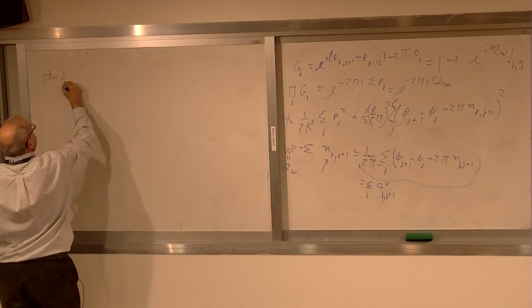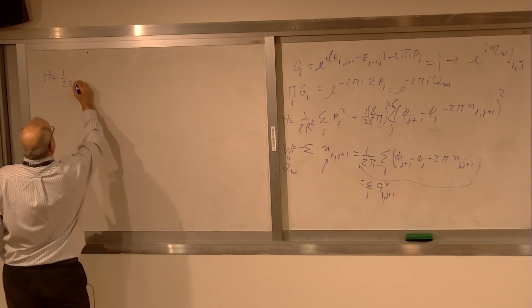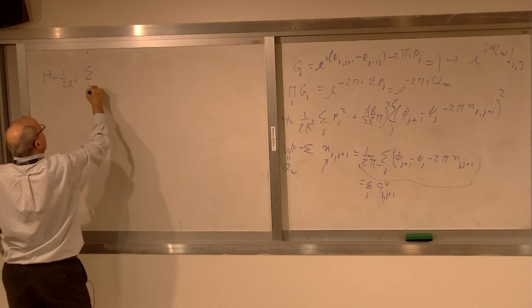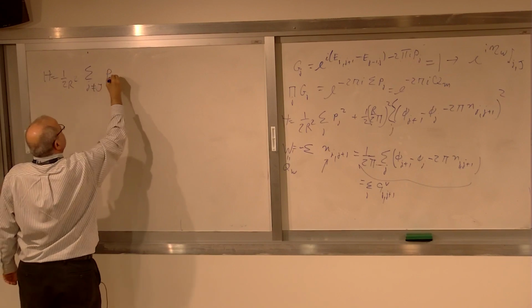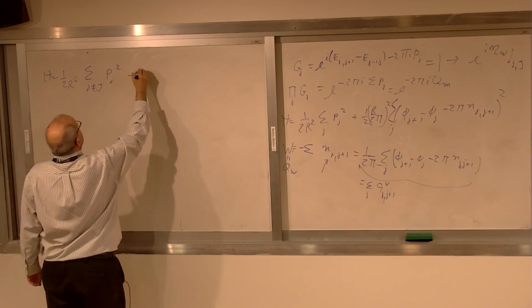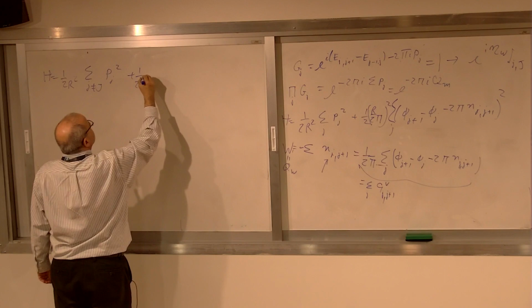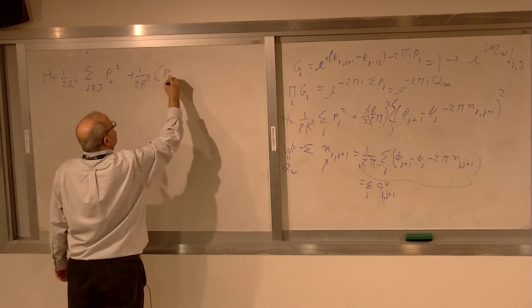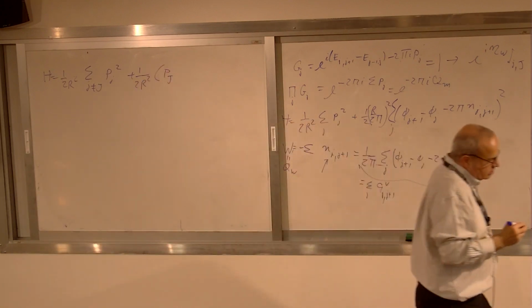1 over 2 R square, sum over j not equal to big J, bj square, plus 1 over 2 R square, pj. Now let's see the signs and the 2 pi's.